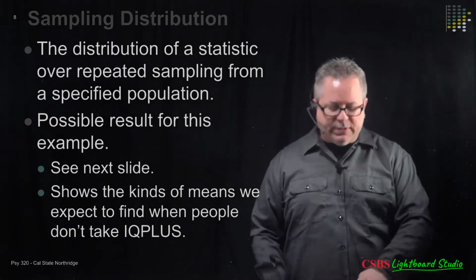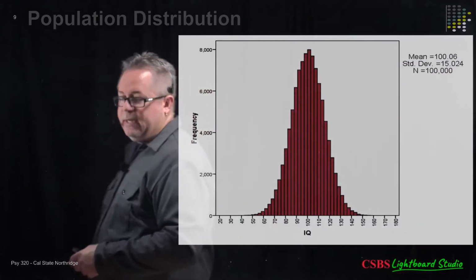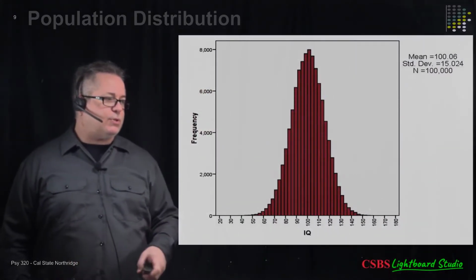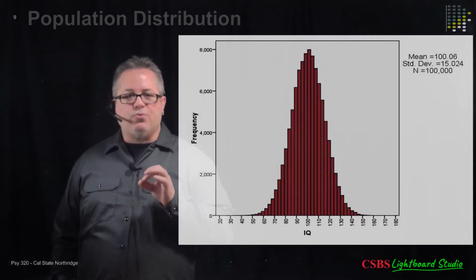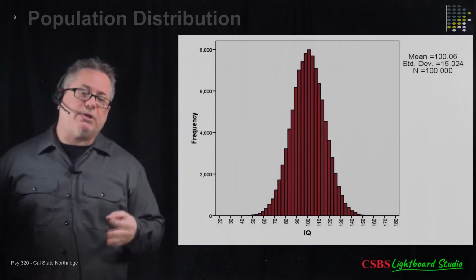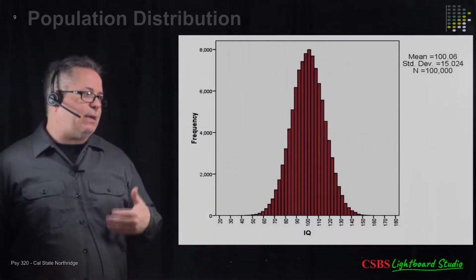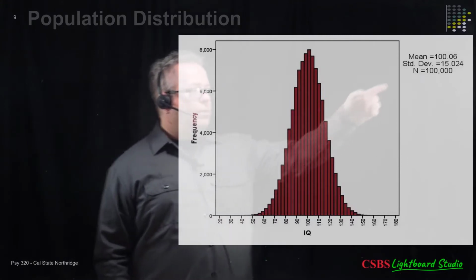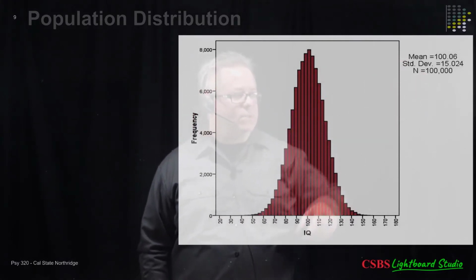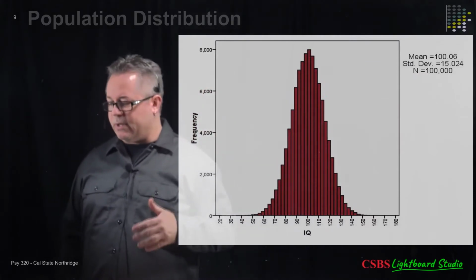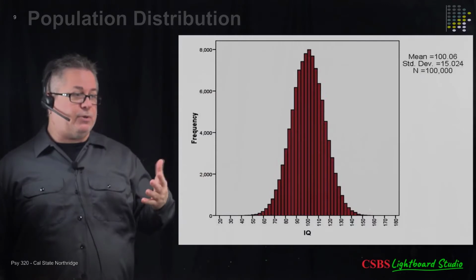And what we see first is the distribution of the individual scores. I tried to generate a distribution really close to what we'd expect for IQ, with a mean of 100 and a standard deviation of 15. I did pretty good. These are 100,000 scores, like a population that had 100,000 people in it.